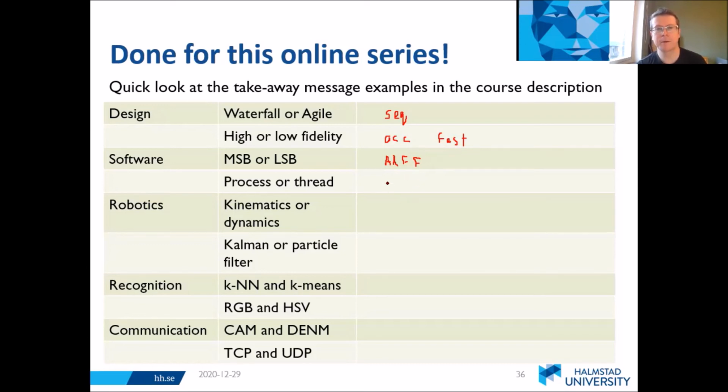Process or a thread. So what is the memory like? Is the memory not shared in a process or shared in a thread? Kinematics or dynamics? Mass. Are you calculating stuff related to mass? Then it's dynamics, otherwise kinematics.